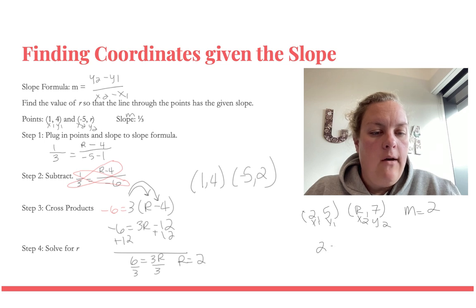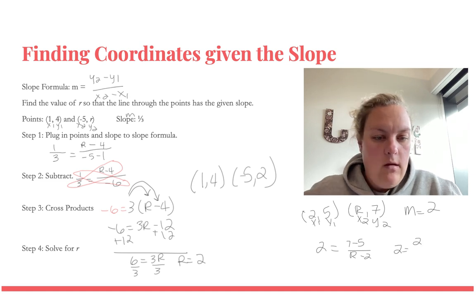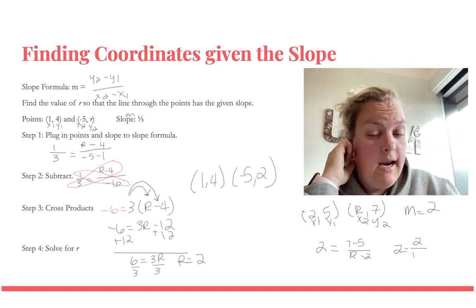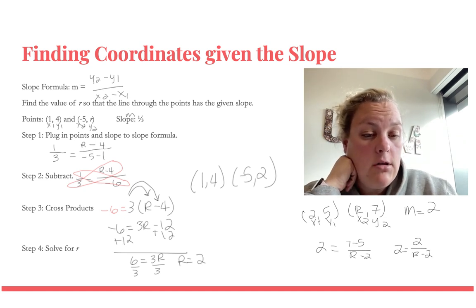So 2 equals 7 minus 5 over r minus 2. Okay, so I set this up, and I simplify the top part of my fraction. 2 equals 2 over r minus 2. So how do I solve this?